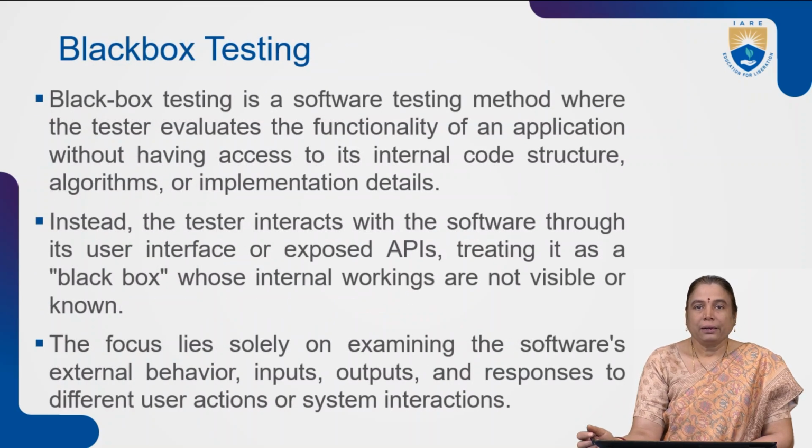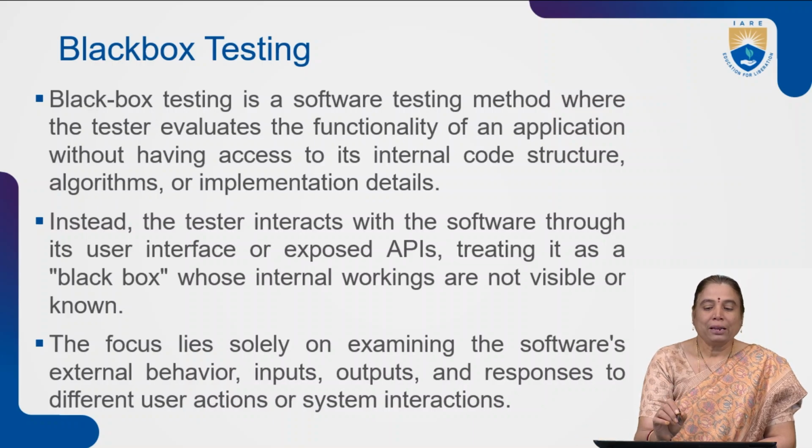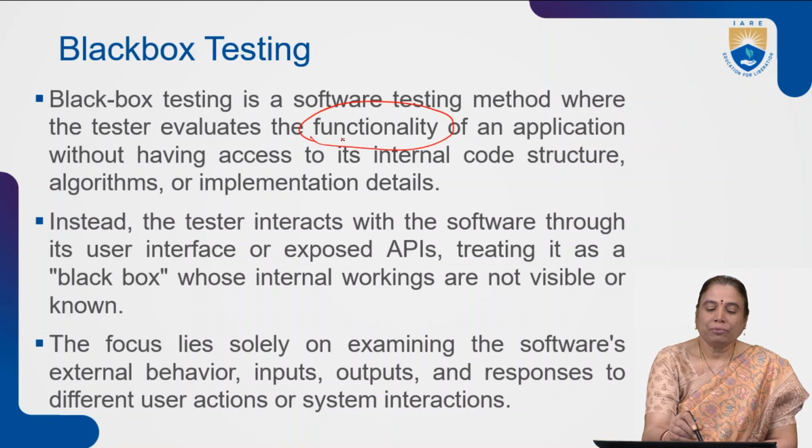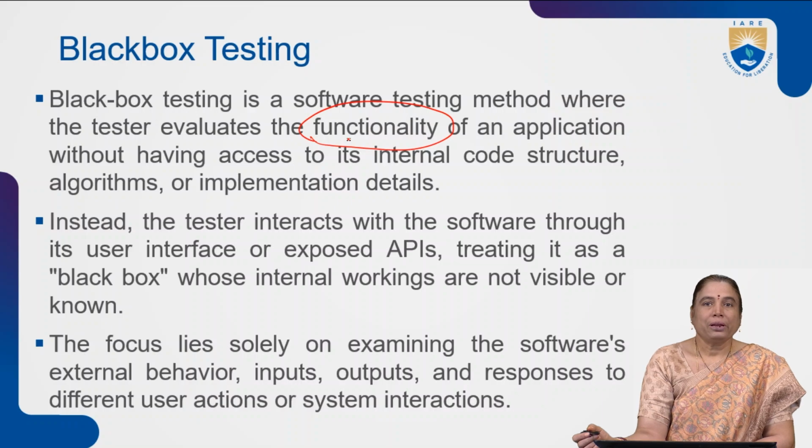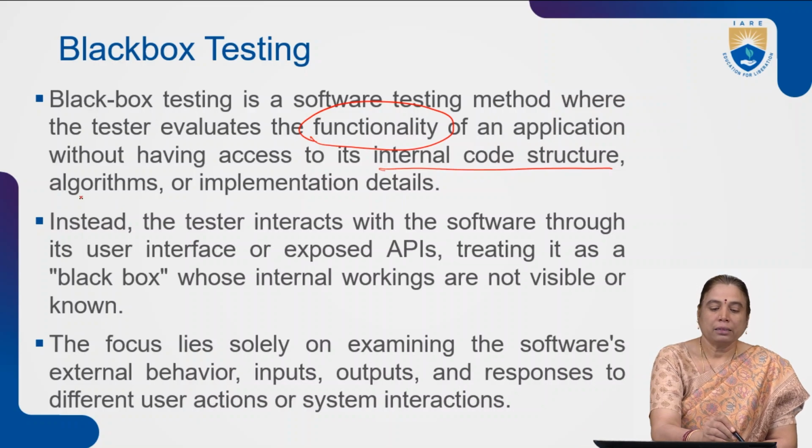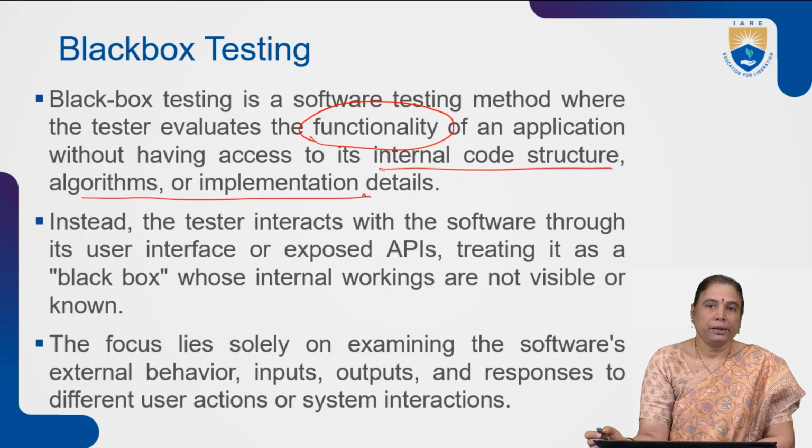The other variant of manual testing is black box testing. Here the functionality of the software is verified. Black box testing is the software testing method where the tester evaluates the functionality of the application. It is not focused on the internal code structure, algorithms, or implementation details.